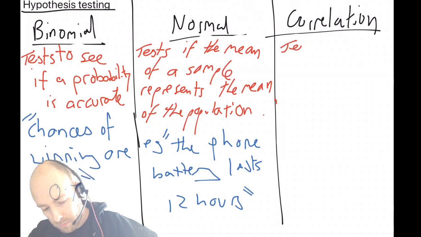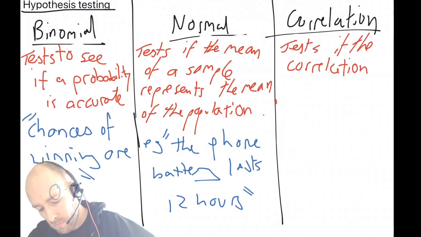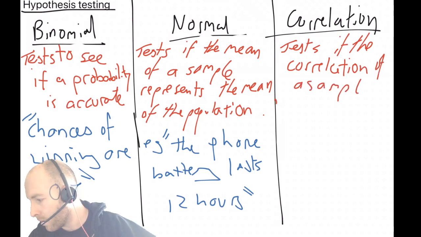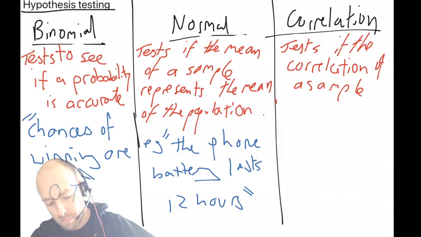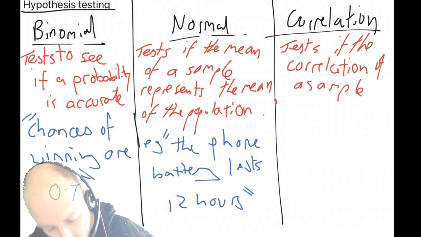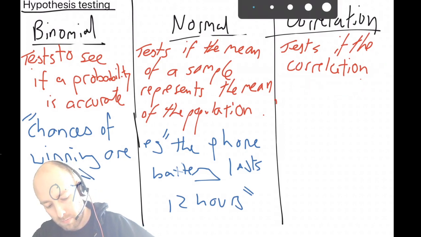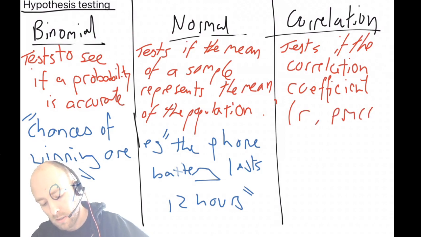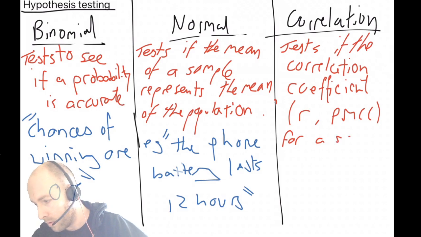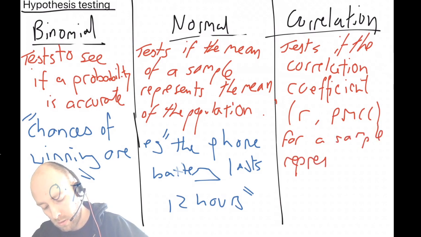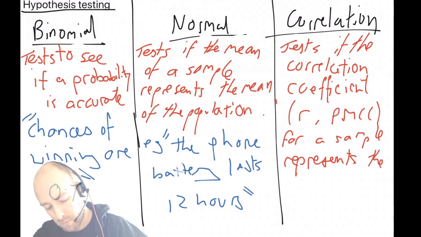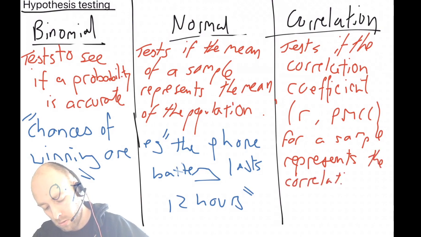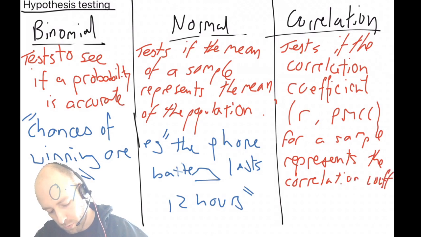So it tests if the correlation of a sample, let's make this clearer, if the correlation coefficient, which is R, we call it the PMCC, for a sample represents the correlation coefficient for the population.